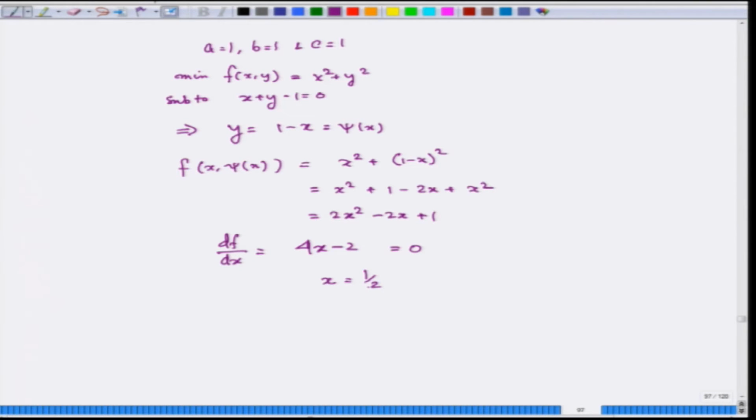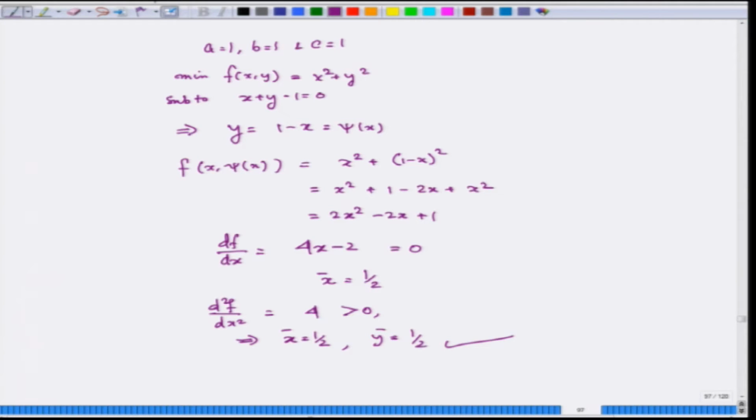Once you find x equal to half, you take the second derivative, that is 4, which is always strictly greater than 0. So this would imply that x equal to half is a true minimizer of this problem, and y is 1 minus x, so y is equal to half. So x bar equal to half and y bar equal to half are the solutions of this problem, which is quite obvious even from the geometry.